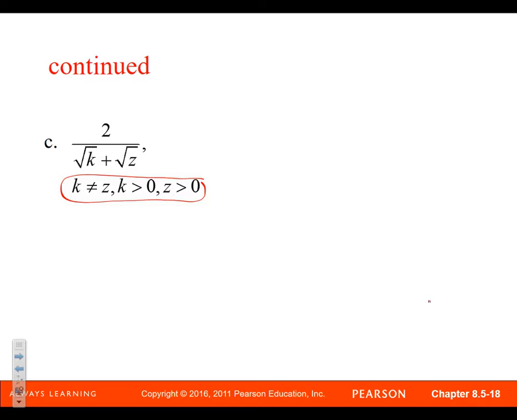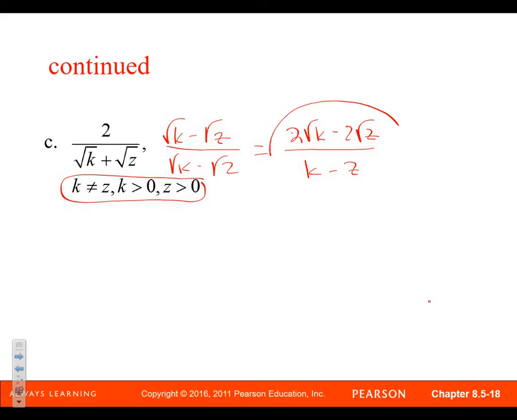Therefore, the entire fraction would be undefined. So here we're just going to multiply by the square root of k minus the square root of z, and our denominator is simply k minus z. And in the numerator we've got 2 radical k minus 2 radical z. And there we go.